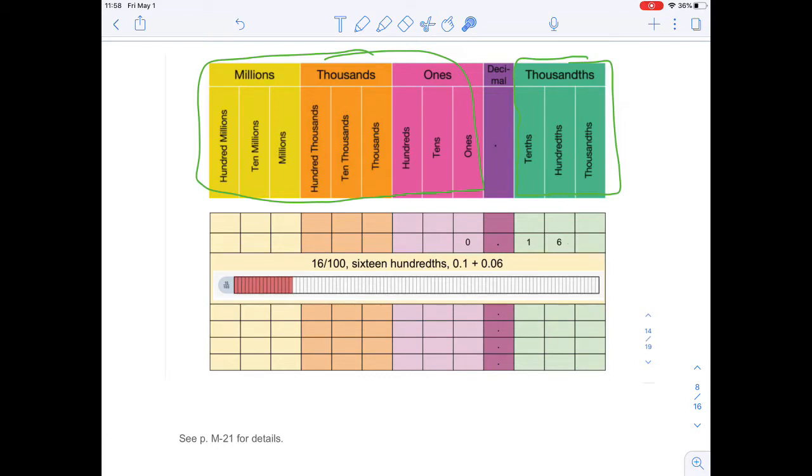If you think about money, that would be like 16 cents, and 16 cents is obviously less than $1. Here's a diagram that shows one whole number strip divided into 100 equal parts, and we have 16 shaded in. If we had all 100 shaded in, then we would have the number 1 whole.